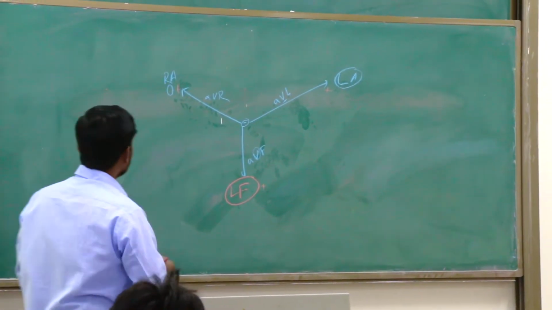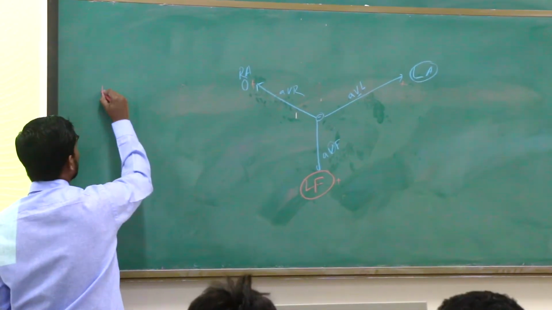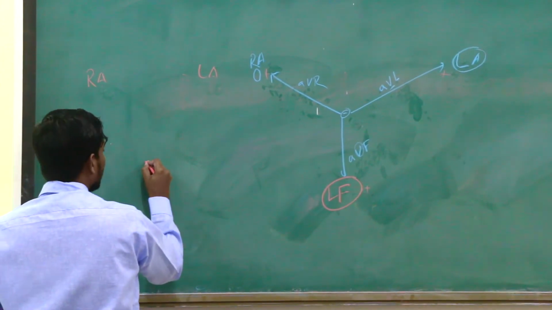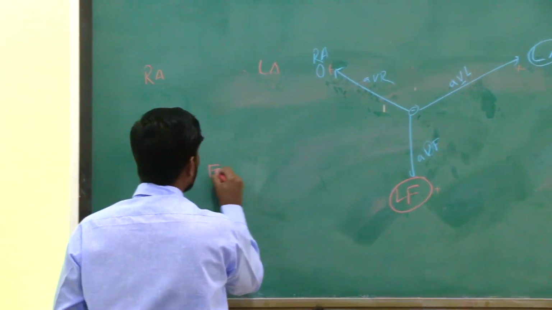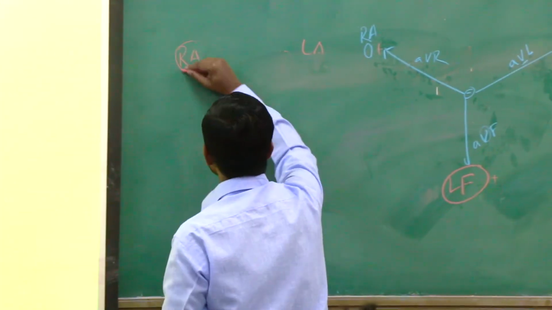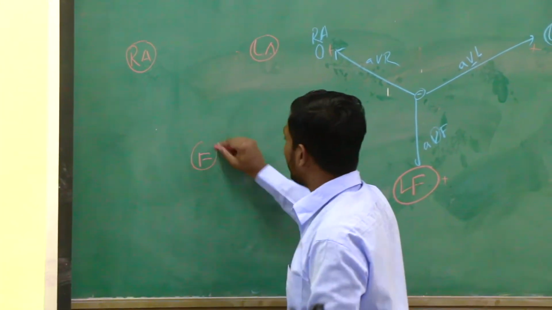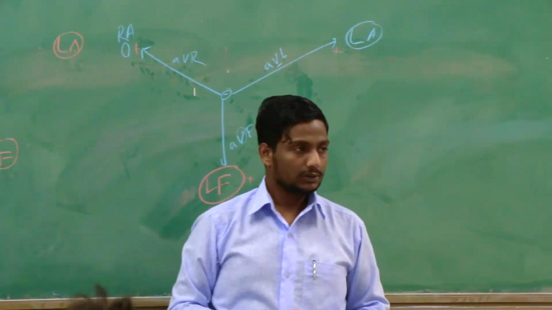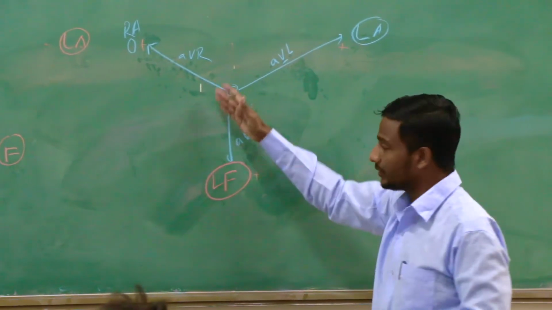At the same time, if I put again these three electrodes here, suppose that this is the right arm, this is the left arm, and this is the foot. I'm not going to write left foot, I'm simply going to call it foot. So remember that these electrodes are designed in such a way that they also can behave as bipolar. When they are behaving as unipolar, we just have found it.